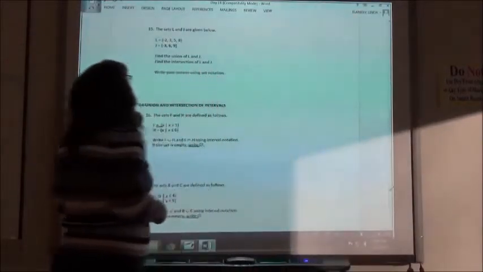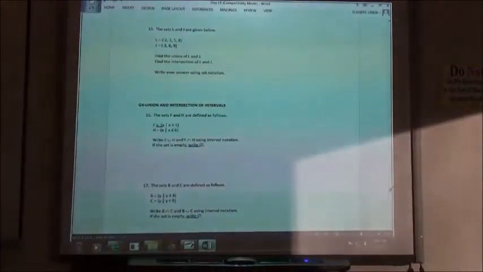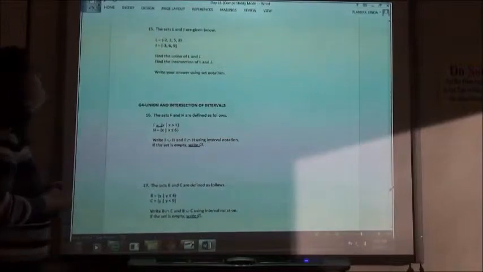Number 15 says the sets L and J are given below. L is the set -2, 3, 5, and 8. J is the set -3, 6, and 9.